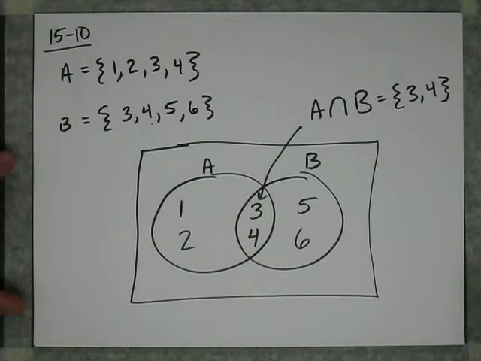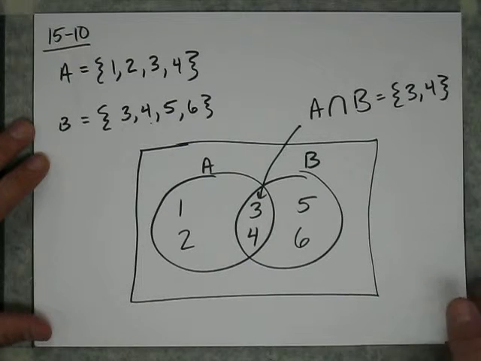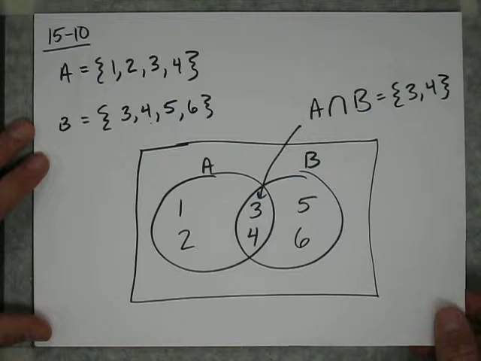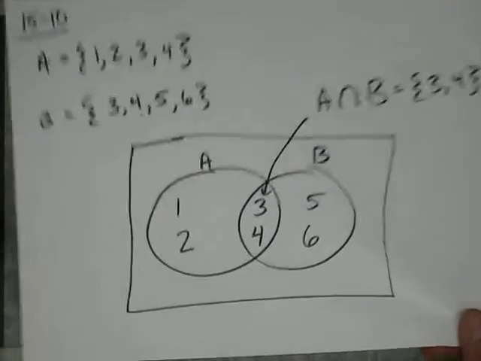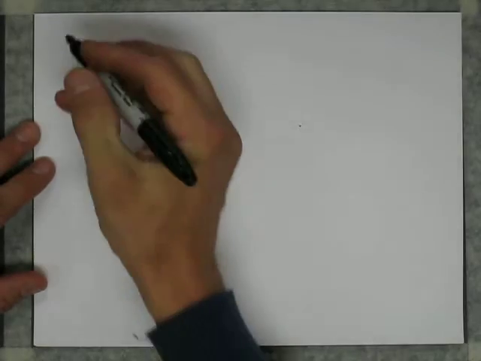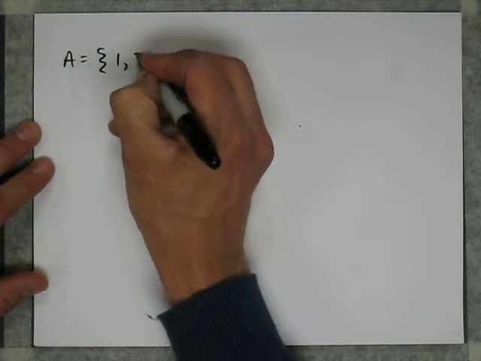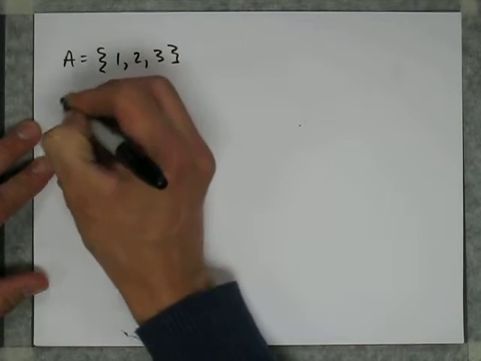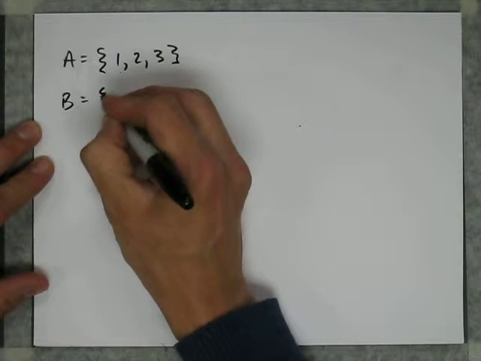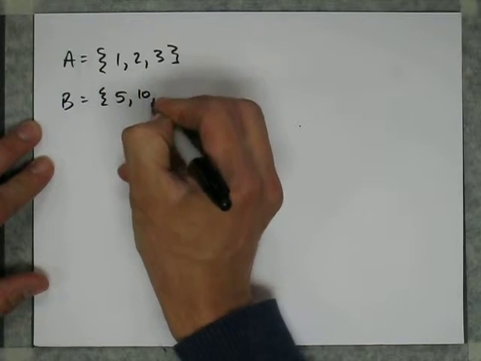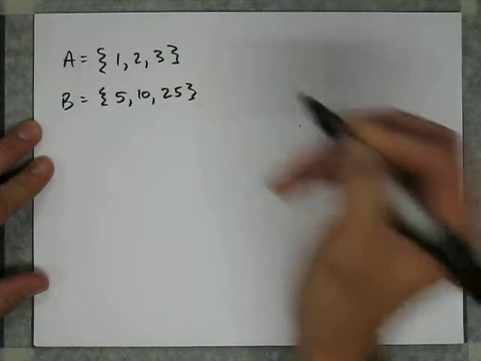Now, not all examples have any intersection. If two sets of numbers, let's say set A was equal to 1, 2, and 3, and set B was equal to 5, 10, and 25.